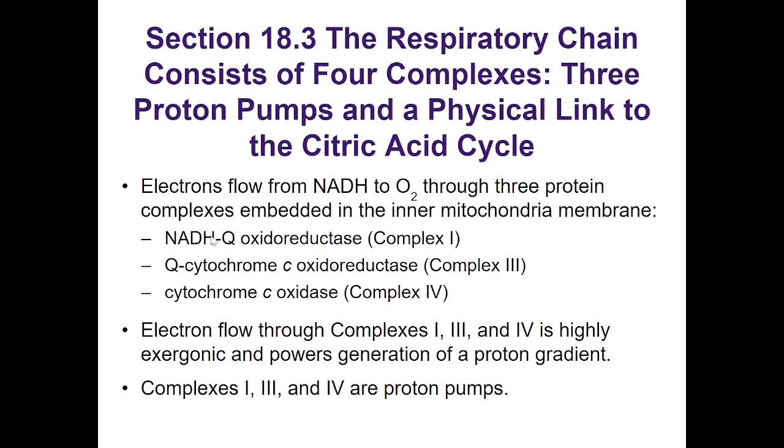So complex 1. Then we have the Q-cytochrome C oxidoreductase, which is complex 3. And then we have cytochrome C oxidase, which is complex 4. By the way, these names tell you a tremendous amount about this, right? You guys remember the classes of enzymes we talked about before?